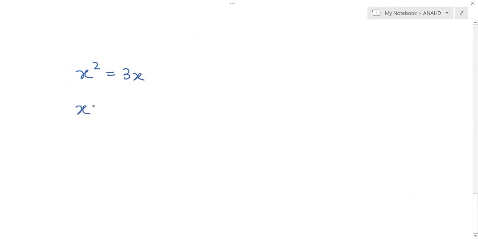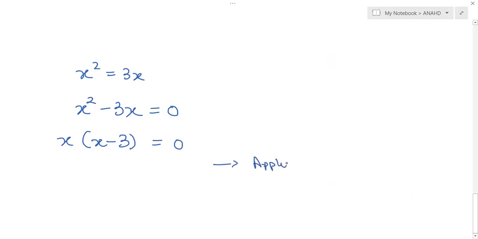For doing that, I will take minus 3x to the other side, making my RHS equal to 0. Now I have to factorize it. I can take x common here. What is left inside is x minus 3 equal to 0. Now, at this stage, I have to apply the null factor law.